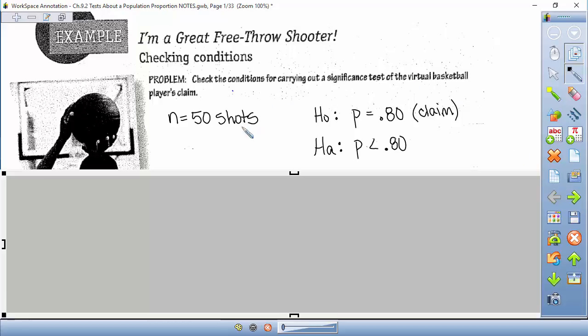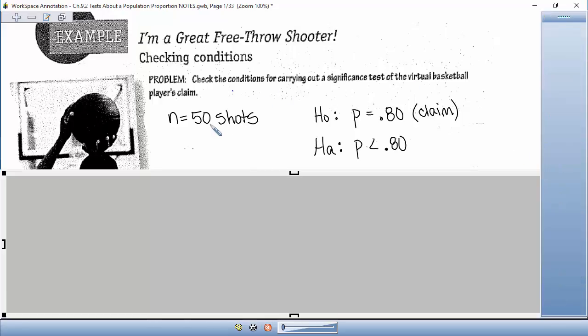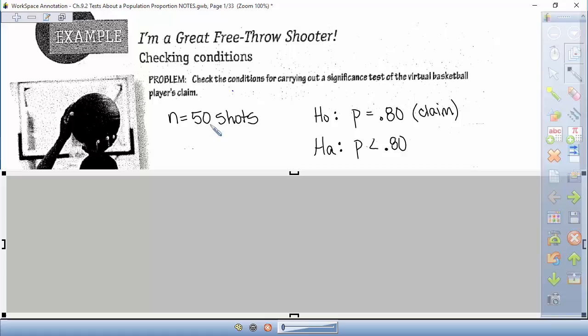What's your n? 50. So grab that calculator that's in front of you and do n times p. Is it bigger than 10? Okay. Then do n times 1 minus p.